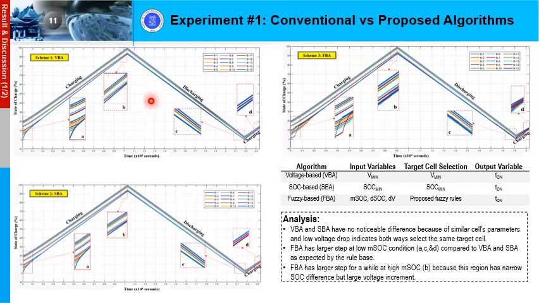The conventional algorithm seems to have no difference in the results, while the fuzzy algorithm has been proved to have a larger equalization step on the extreme value of state of charge distribution, where the mean is near the empty value and near the full value.